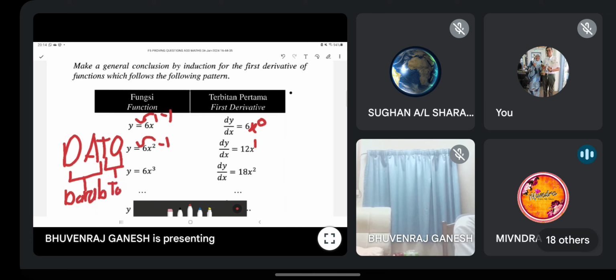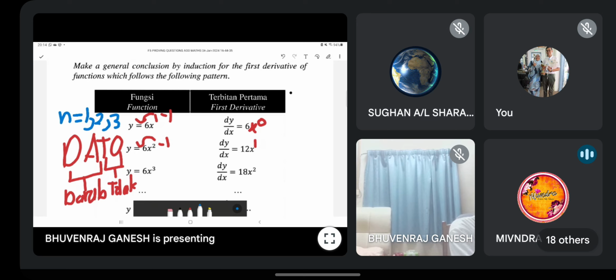So yang ni kita boleh tahu first tu 1, n maksudnya n kuasa tu 6x kuasa 1, 6x kuasa 2, 6x kuasa 3. Maksudnya n tu kita ambil unknown n 1, 2, 3 semakin bertambah. So kita boleh buat kesimpulan that 6 darab dengan n x kuasa n minus 1.